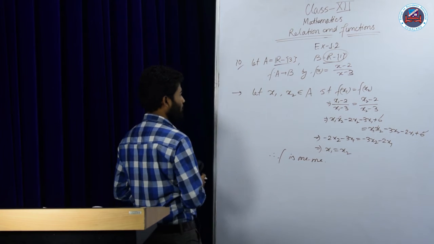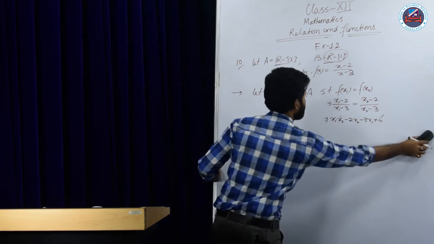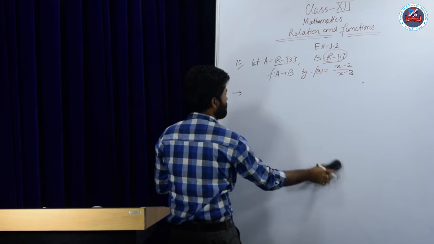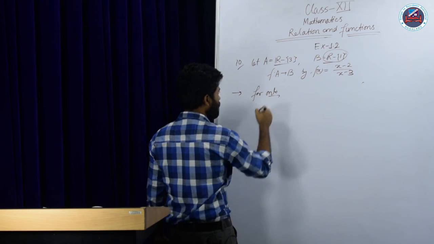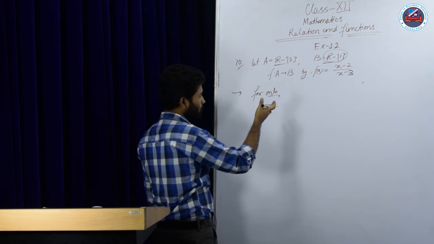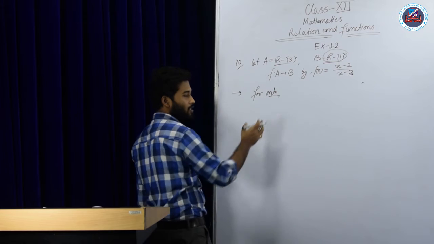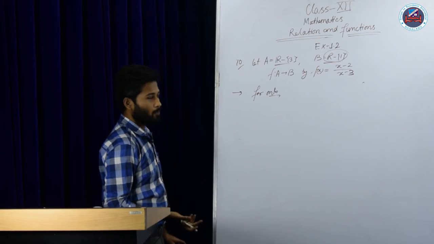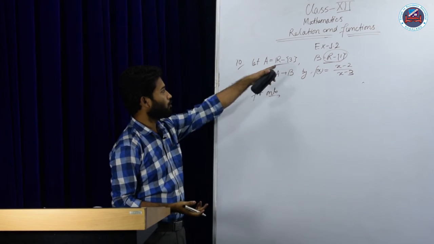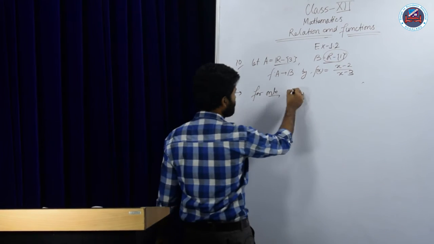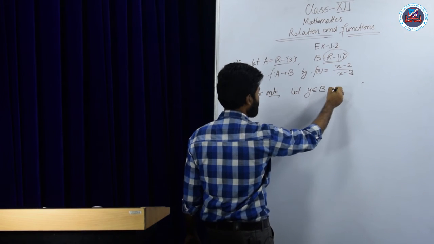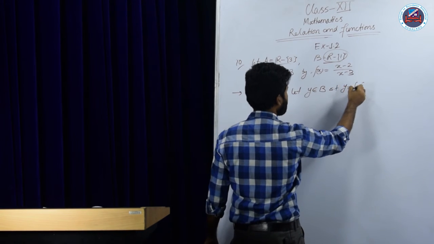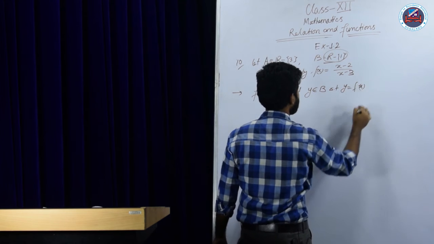Next, let us check for onto. So when we want to show that a function is onto, what is the process? We need to take an element in the codomain first. So let y belong to B such that y is equal to f of x.